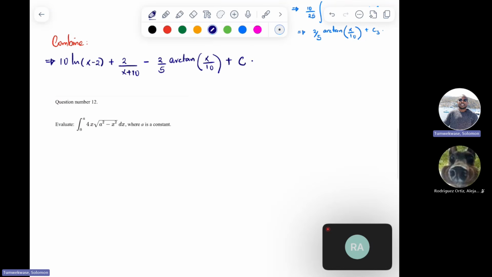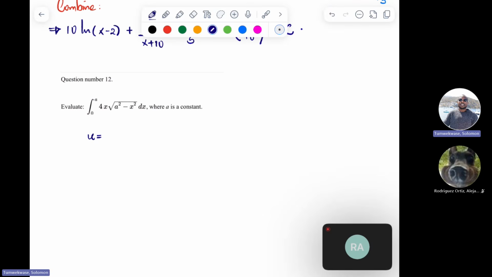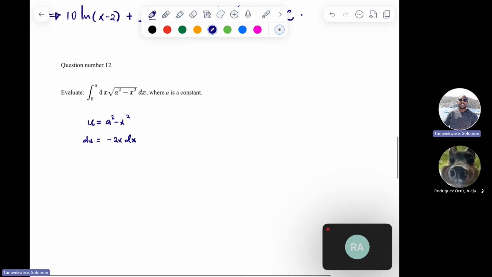So in question 12, I will let my u be equal to a squared minus x squared, and du will be the same as negative 2x dx.